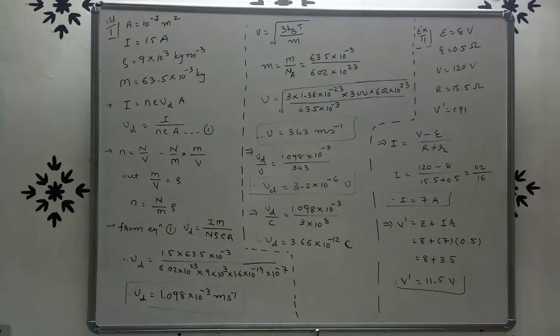Current during charging is given by I is equal to V minus E upon capital R plus small r, right? Friends, you have to remember this formula. Okay. Now we move forward to our next example.